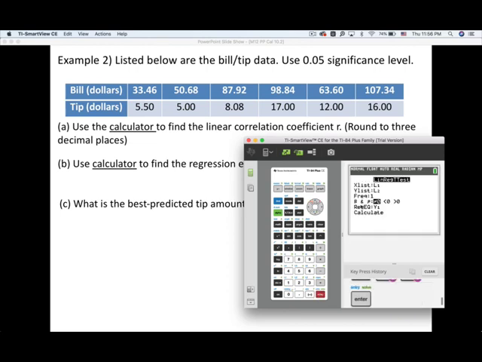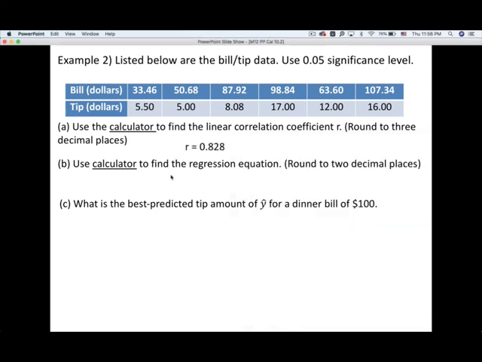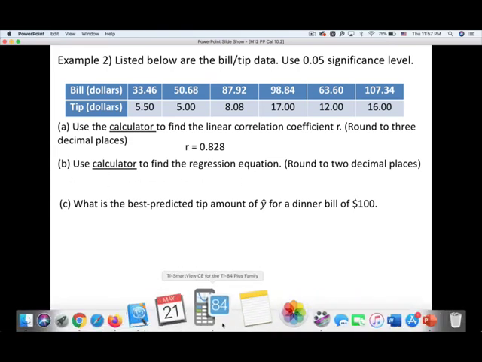Enter. My X on L1, Y on L2, use the not equal to, go to calculate. Go down, I'll find my R equal to 0.828. Okay, 1, 2, 3 decimal places. This is my R.